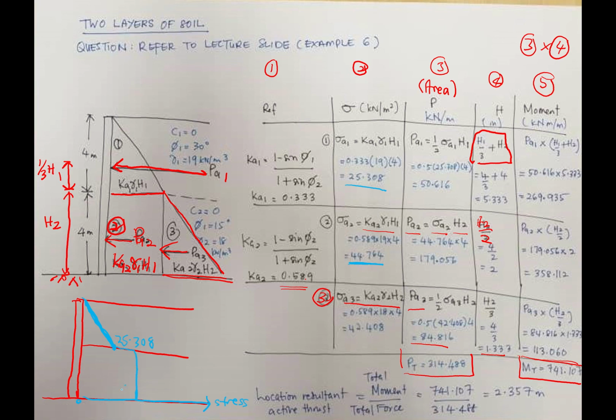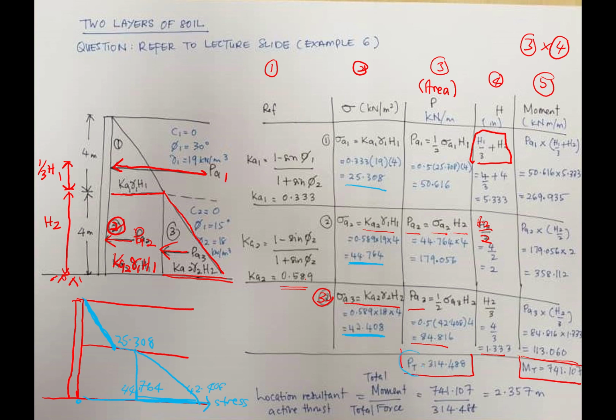This one is 44.764. Then the value for the triangular reference number 3, I just continue from that, and that one is 42.408. From this position to this position is 42.408.